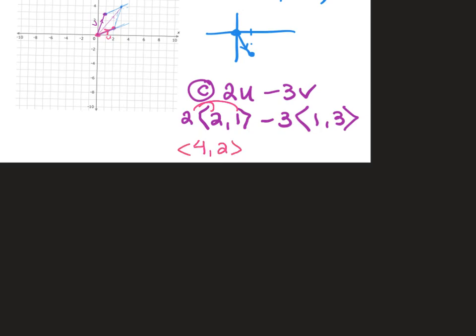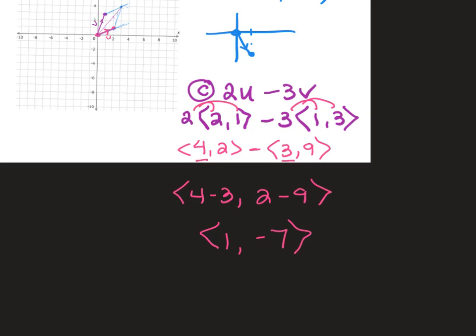And then you can either distribute with the negative or without, it doesn't matter. But if I say minus and just distribute the 3 in, 3, 9. Now I'm doing 4 minus 3 and 2 minus 9, or 1, negative 7. If you had distributed a negative 3, obviously you'd be adding at that point.